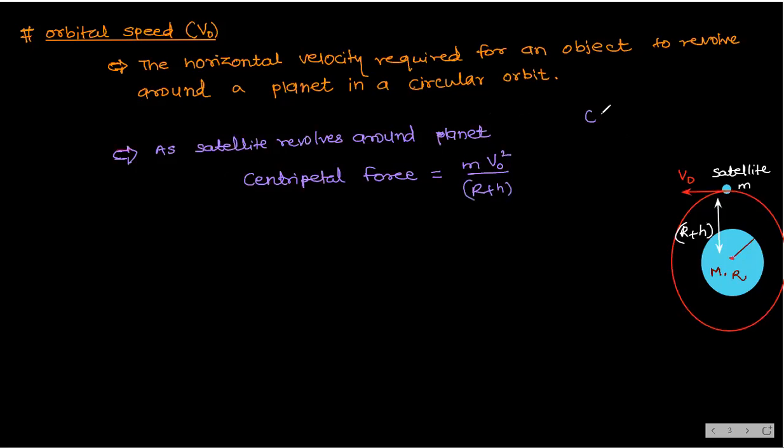You know the centripetal force formula, you know this m v square by r. Yes or no? So same thing, just in the place of small r, I am substituting R plus h. Any doubt? Please tell me.